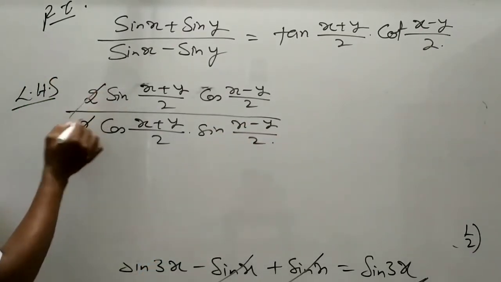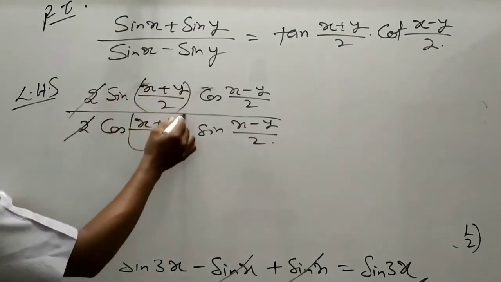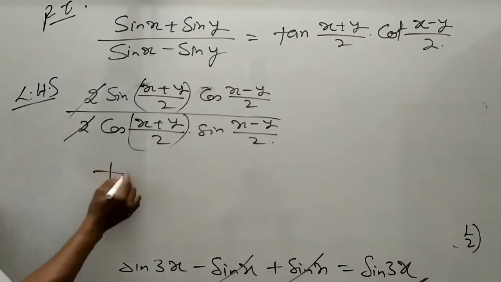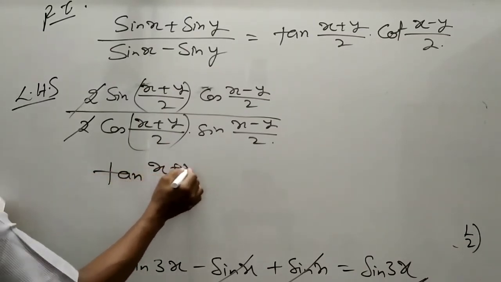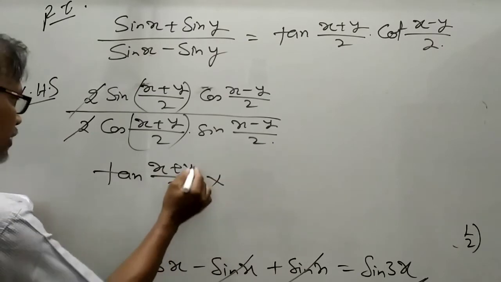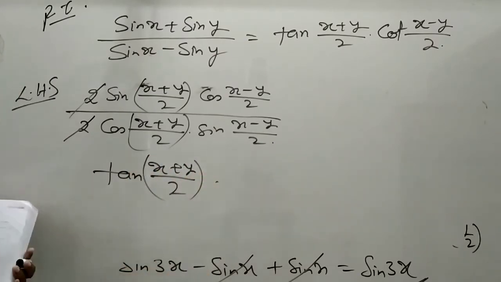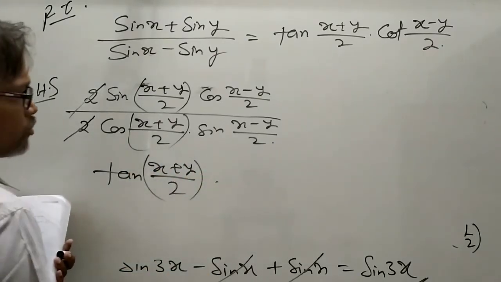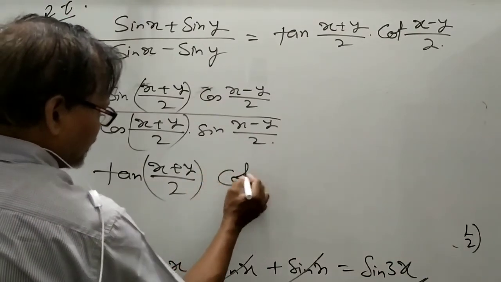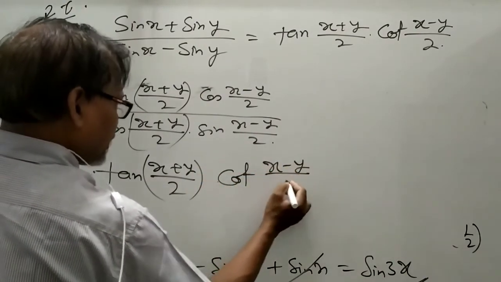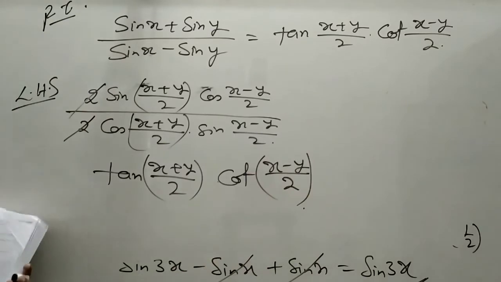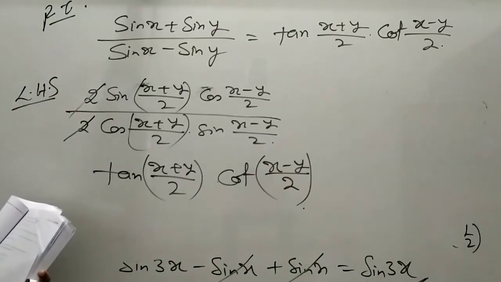So 2 cancels, sin (x plus y) by 2 upon cos (x plus y) by 2 means tan (x plus y) by 2. This is the first bracket. Cos (x minus y) by 2 upon sin (x minus y) by 2, obviously it will be cot (x minus y) by 2. So this is the answer to the question.